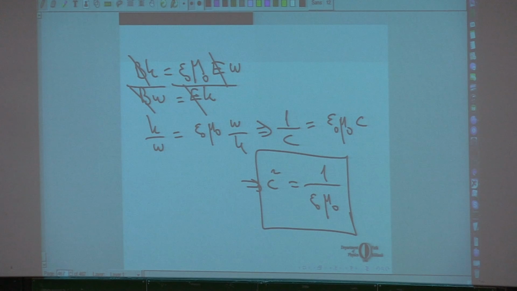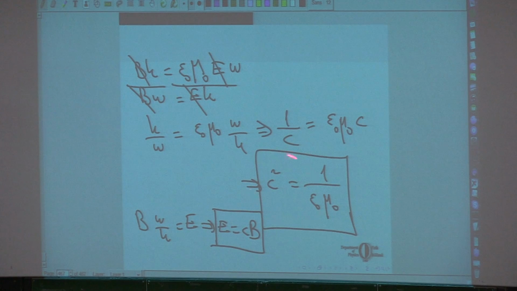So what this actually shows us is that there is a solution for the Maxwell's equations in the form that we predicted, we just guessed, as long as its speed is given by this relation. And furthermore, if you look at this expression, B times omega over k should be equal to E. Or E should be equal to c times B. So the magnitudes of the electric and the magnetic components of this wave should be related by c.